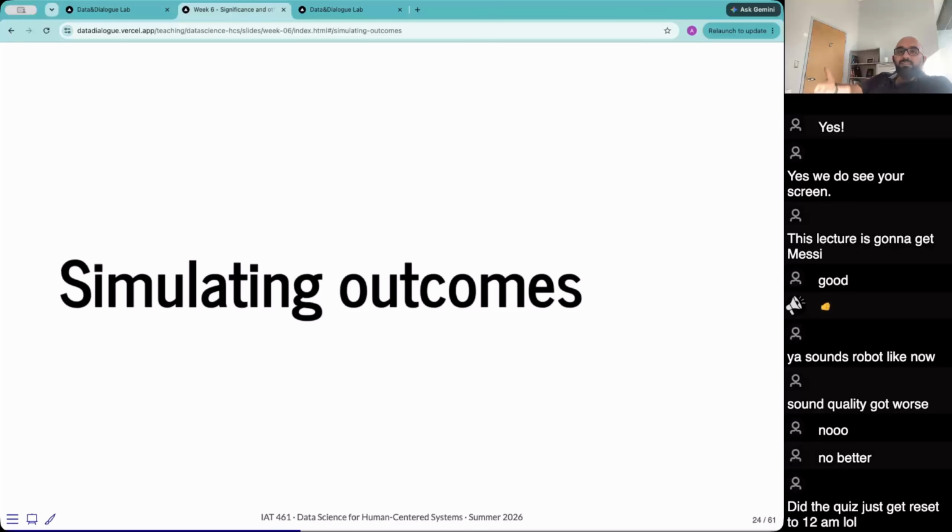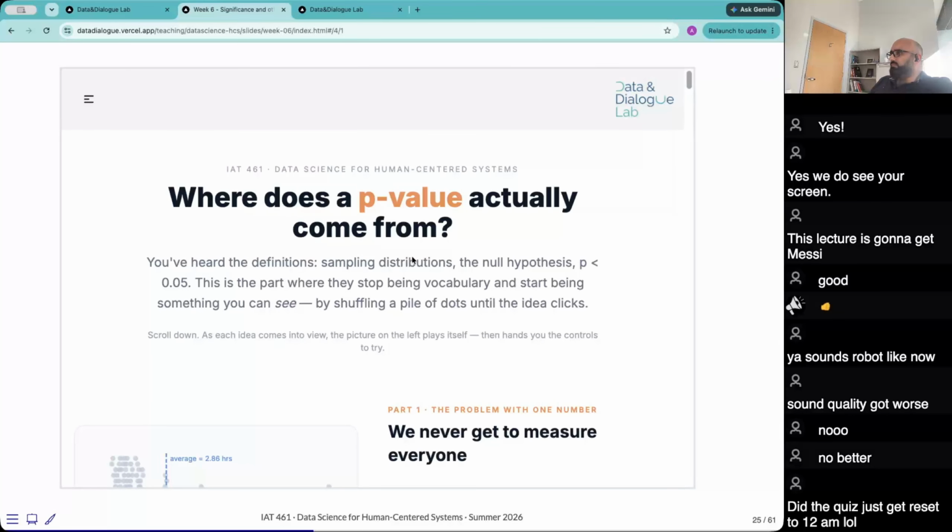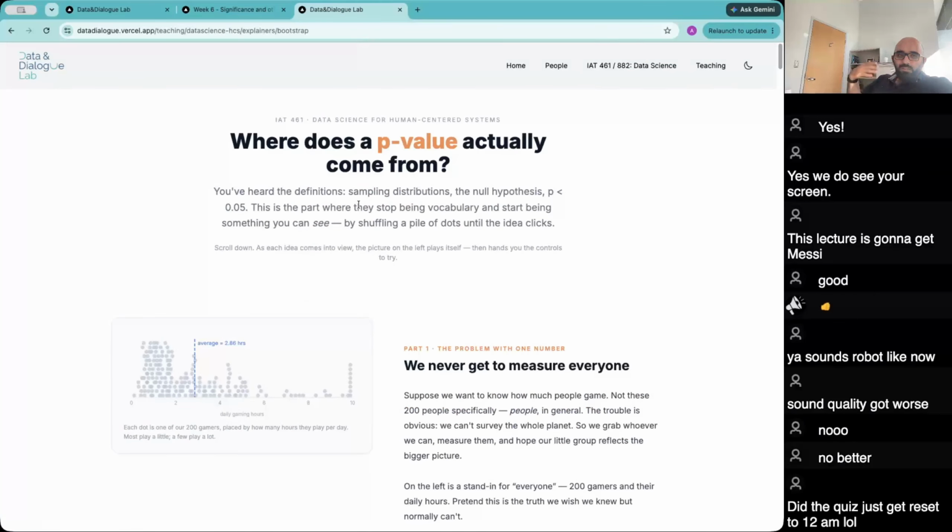Now, let's look at a deeper example of how we do this. I created, you can go to this later, but I'm going to go over it. I'm going to try to create these explorable explanations for more important concepts for you. When you go to this website, you can get an explanation of what a p-value is and how we calculate it.